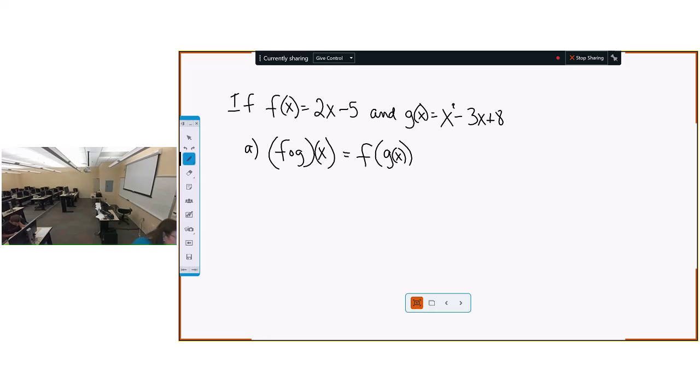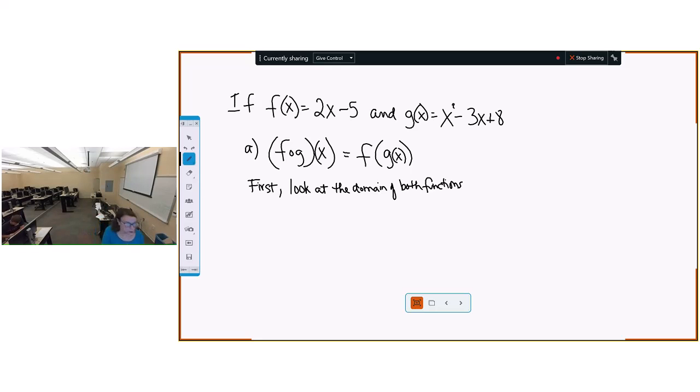Okay, so let's look at the domain of both functions. There's nothing weird going on in f of x or g of x. There are no square roots, because we know square roots have to be positive in the real numbers. There's no division with a variable in the denominator, because then we would know that the denominator couldn't be 0.